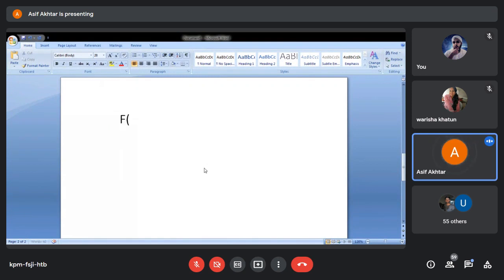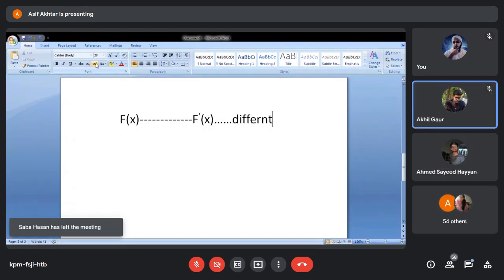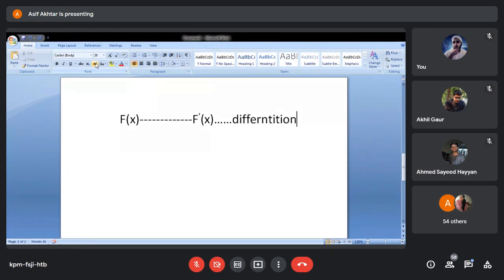You know that we have f x right here, and if f x is given to us, and if I ask you to calculate f dash x, आप क्या करते हैं? What do you need to do? You have to go for differentiation. This is what you need to do, differentiation.